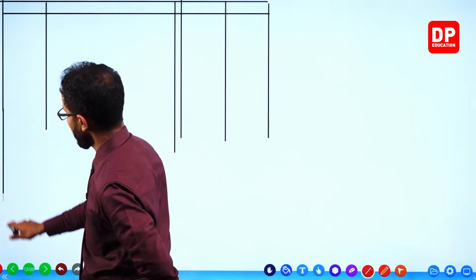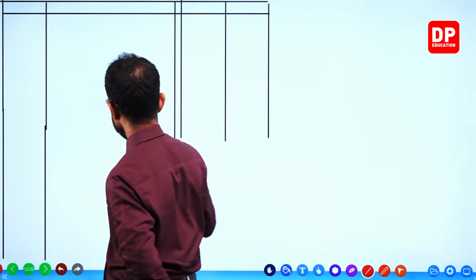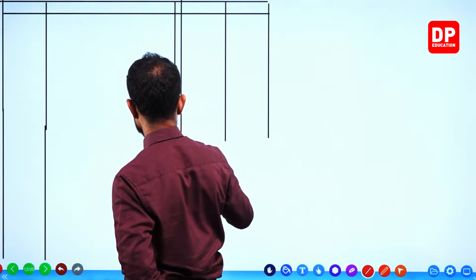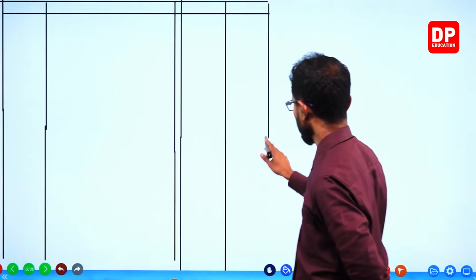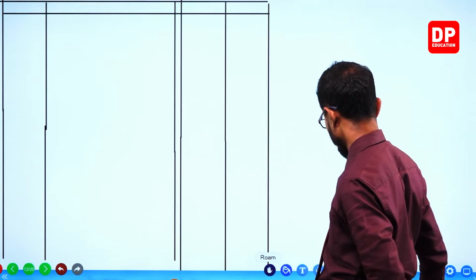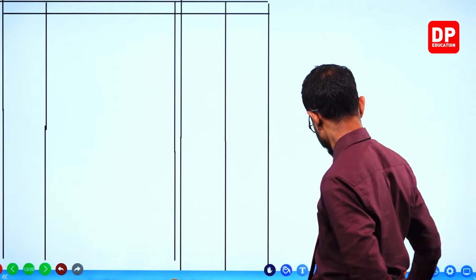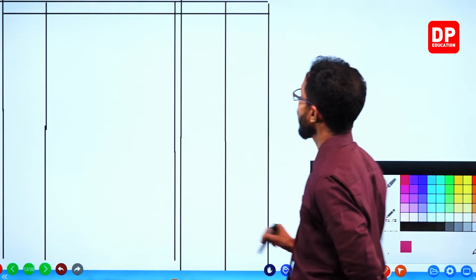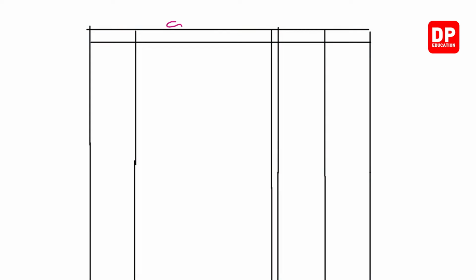Let's extend the lines down. General journal: date, details, debit, credit.